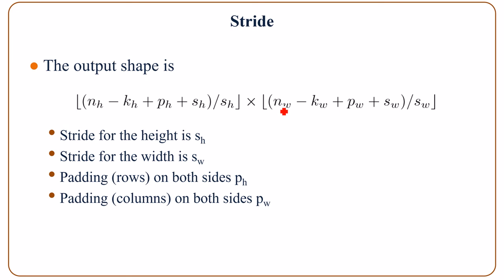So in that case, we rewrite the formula for stride. The height of the output is the height of the input minus the height of the kernel plus the padding, meaning the number of rows on both sides, which is ph, plus the stride for the height sh, divided by sh. We have a similar thing for the width.